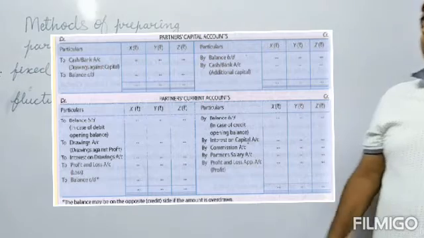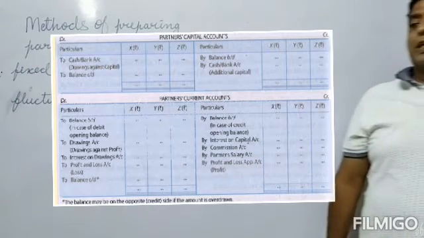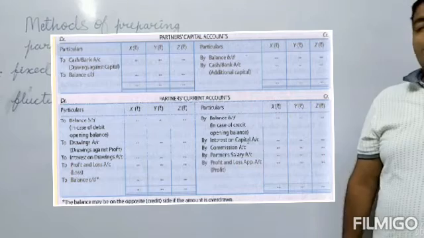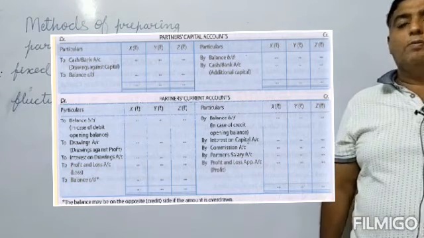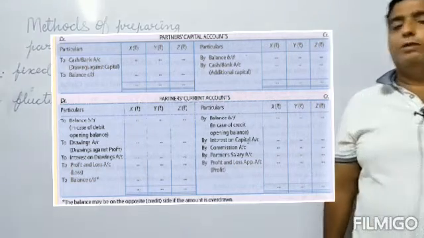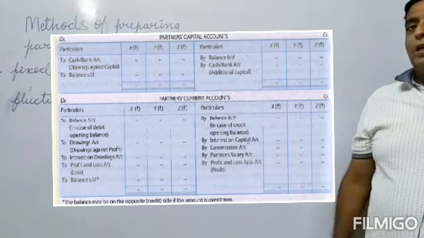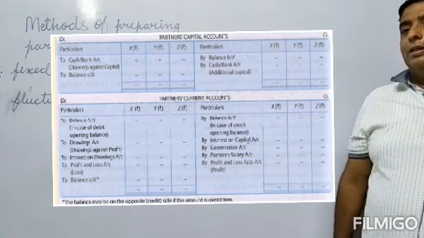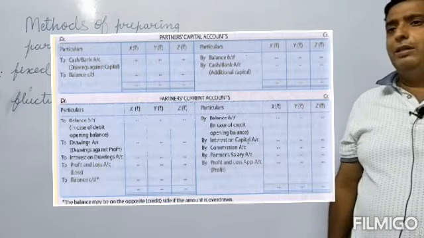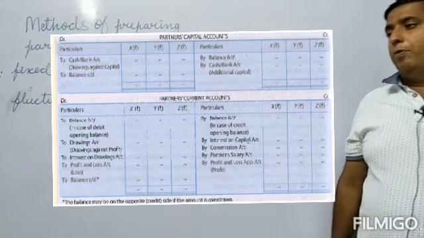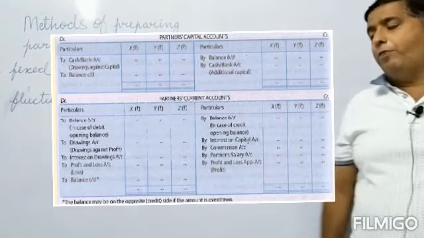Now the second account which we are preparing is partners current account. Under partners current account, the opening balance can be a debit balance or a credit balance. So we start with by balance brought down, then by interest on capital, then by partners salary, by commission, by P&L appropriation, that is basically the profit.